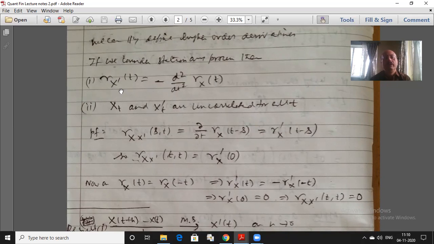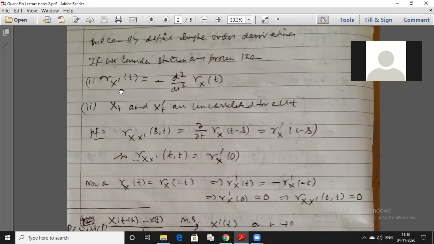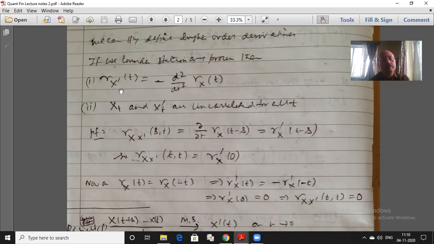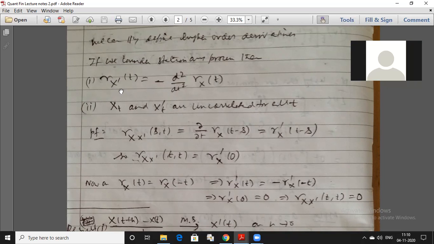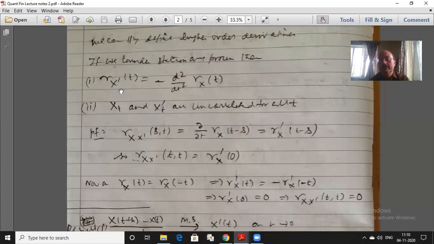Have you ever discussed in class at least the linear model with stochastic regressors? No, sir. Okay, fine. You are now learning the ARMA model in time series, correct? Yes. So if you look at the autoregression type process, it is actually a linear regression with stochastic regressor.